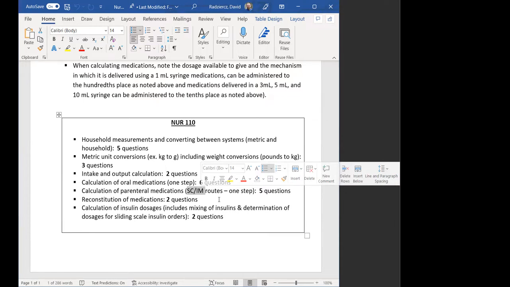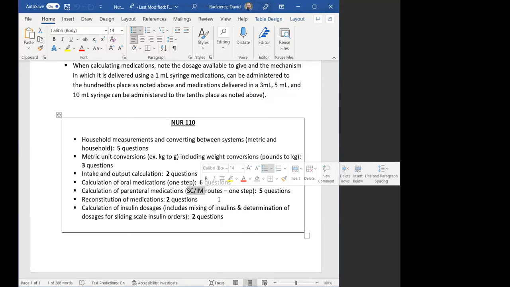The reason is that these are your injectables. You can't easily inject powder, and you can't easily inject full tablets and capsules. Those are meant to be swallowed. So subcutaneous, intramuscular, intravenous means it's going to be in a liquid form as an injectable. So that helps you out.